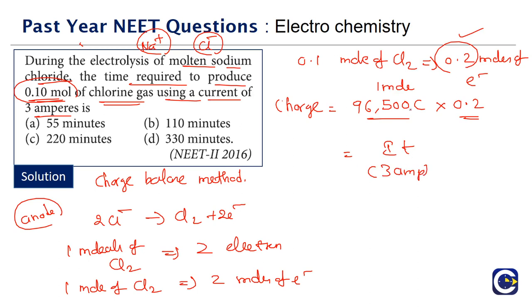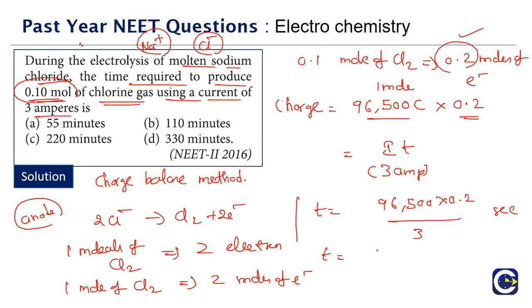Of course, since charge is in coulomb and current is in ampere, time will be coming in what? SI unit, seconds. So time will be equal to 96,500 into 0.2 by 3. So this is the time in seconds. But if you check the options, they are all in terms of minutes.